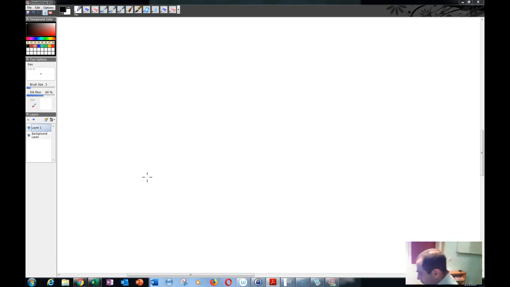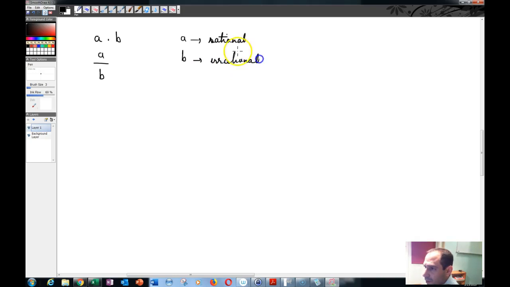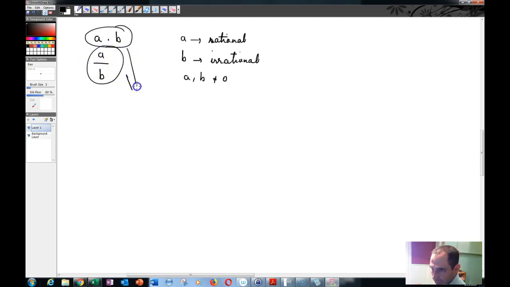Now, we also said that the product or quotient of a rational number and an irrational number, meaning if you have, for example, a times b or a divided by b, where a is a rational number, b is an irrational number, and a and b are not equal to 0, then the product and the quotient of these two numbers is going to be an irrational number.